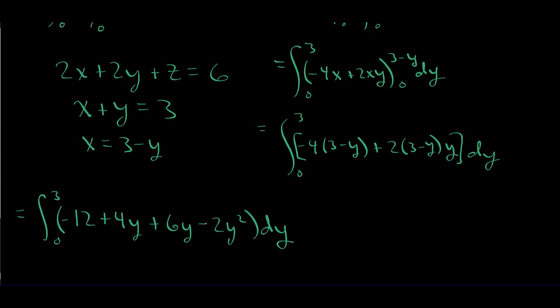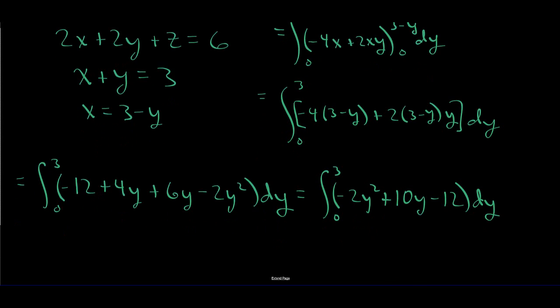Okay, now we can clean it up a little more. 0 to 3, and this is going to be negative 2y squared plus 10y minus 12. Okay, now continuing on, now it's really easy. So we've got negative y cubed plus 5y squared minus 12y.